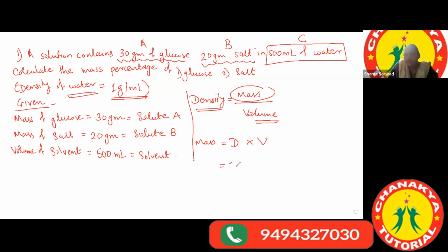So density is given 1 gram per ml into volume is 500. So mass becomes 500 gram. Okay. So now volume of solvent is given 500 ml. So mass of solvent is equal to 500 gram. How we have calculated that thing, I have given here on this side.